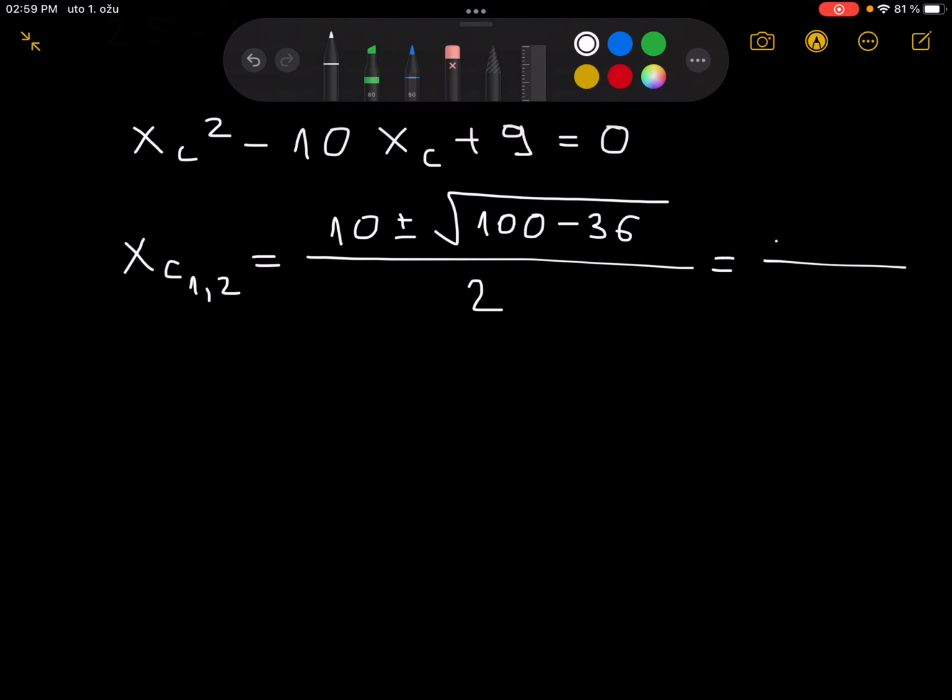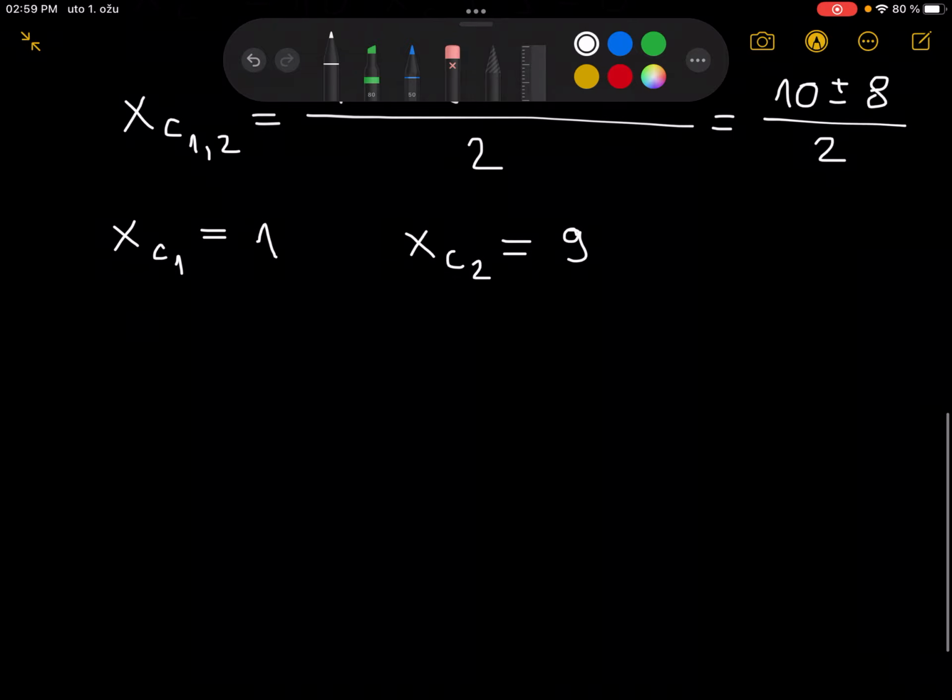Or this is simply equal to 10 plus or minus the square root of 100 minus 36, which is the same as the square root of 64, which is just 8, and everything over 2. So xc1 is equal to 10 minus 8 is 2 over 2 is 1, and xc2 is equal to 10 plus 8, which is 18 over 2, which is 9.